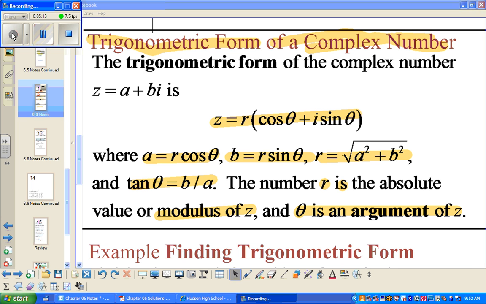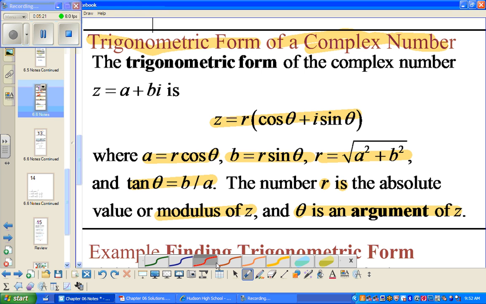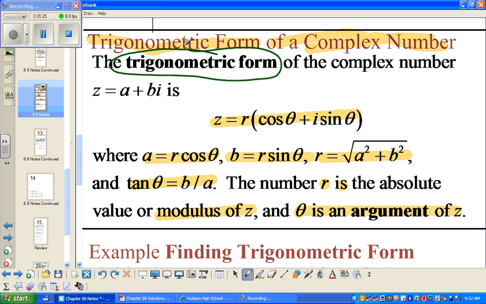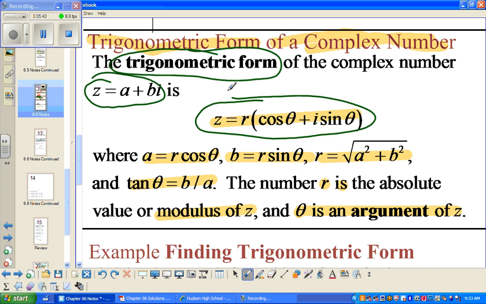So with what I just mentioned in mind, we get the trigonometric form of a complex number. Make sure you write these things down. So let's back up. You know how we can write the complex number z as a plus bi. Well, that a plus bi can also be written in this form.